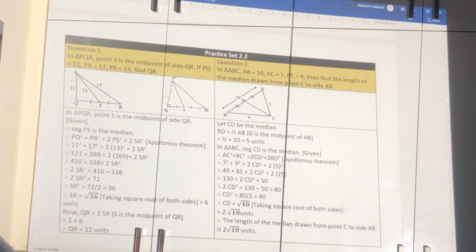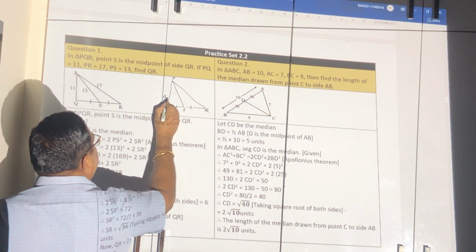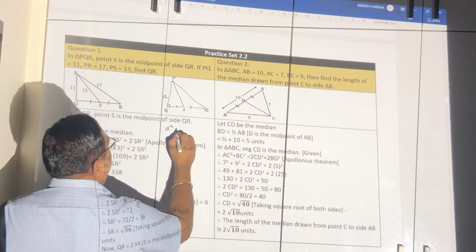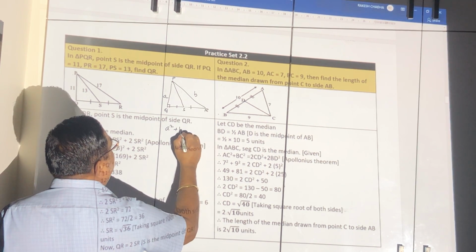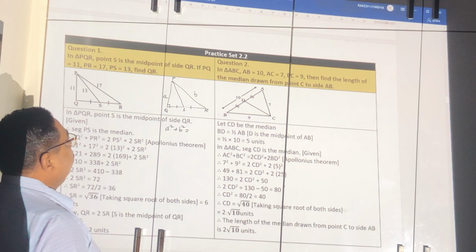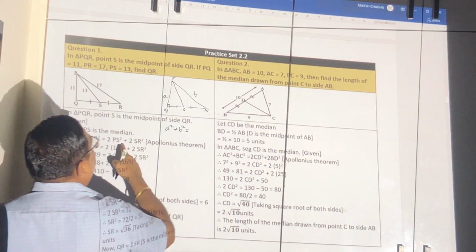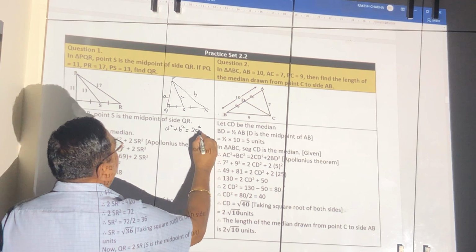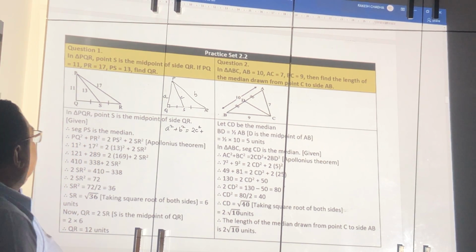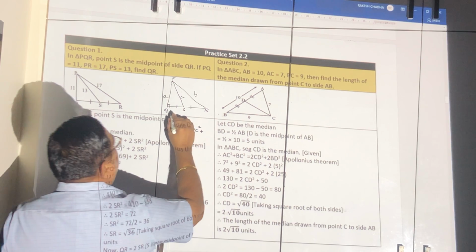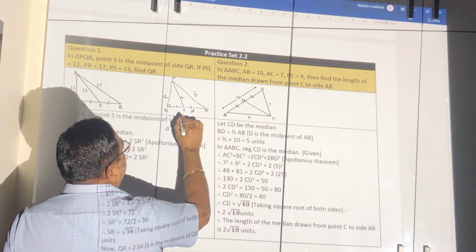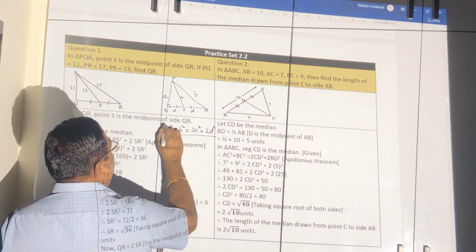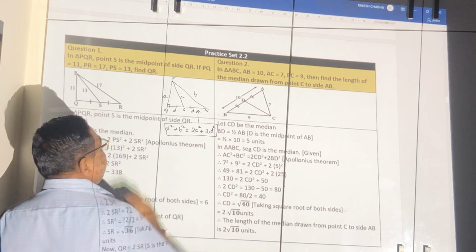It says PQ square, A square, plus PR square, B square, is equal to 2 times PS square plus 2 times D square, because they are congruent, anyone can be called D. Learn my shortcut, my friend, with ABCD.